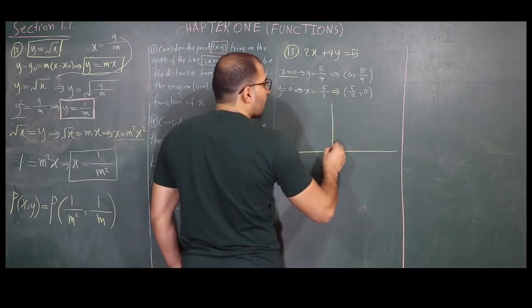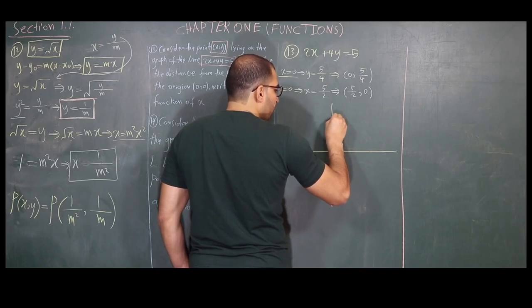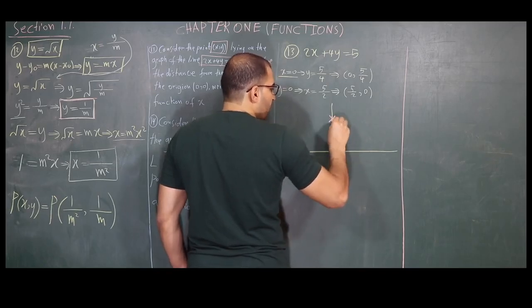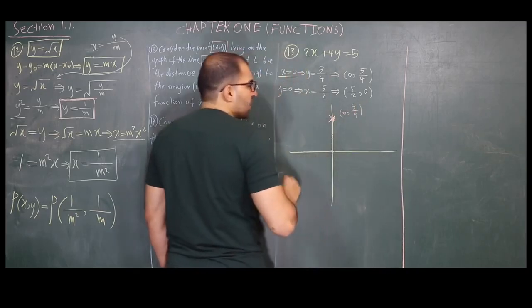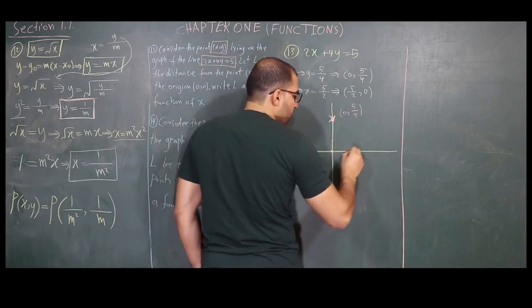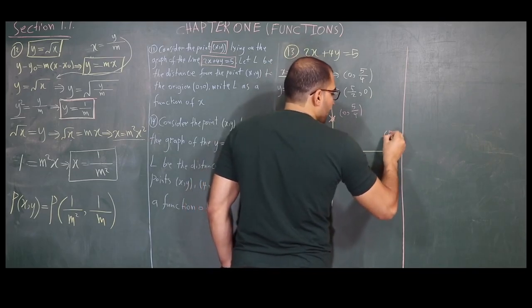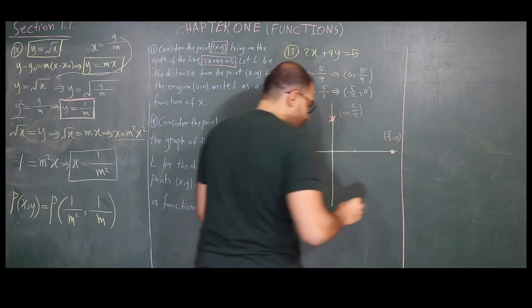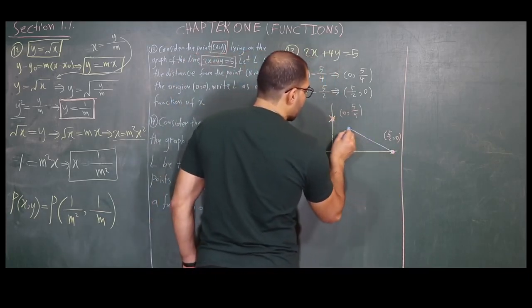This is the first point, (0, 5/4), and this is the other point, (5/2, 0). And if we want to plot this line, it is just a line.